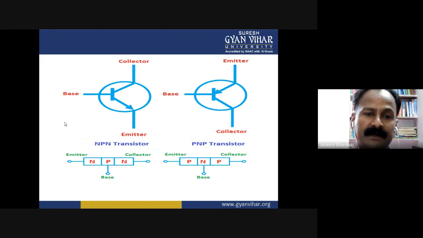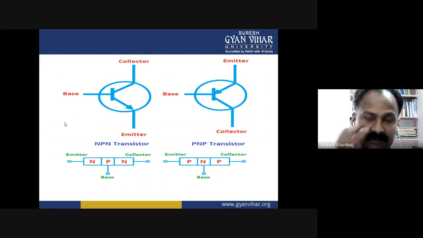In an NPN transistor, the arrowhead is moving out from base to emitter side, and in a PNP transistor, the arrowhead is moving inside from emitter to base.